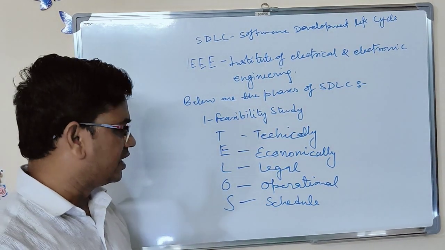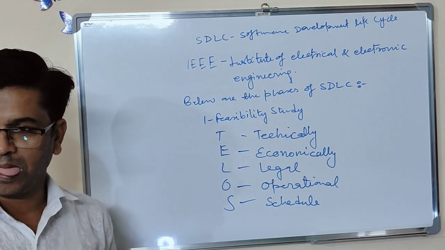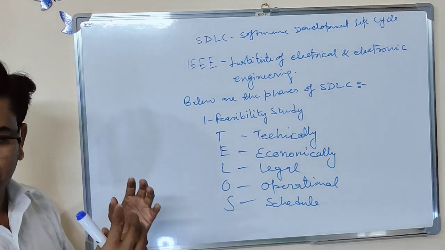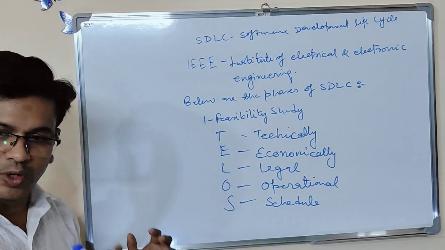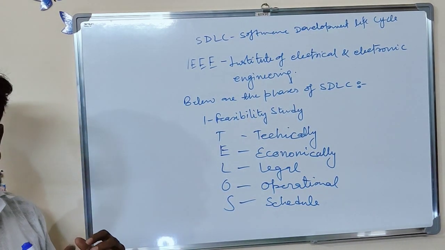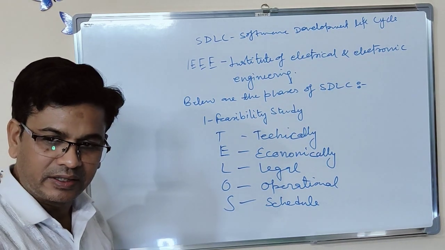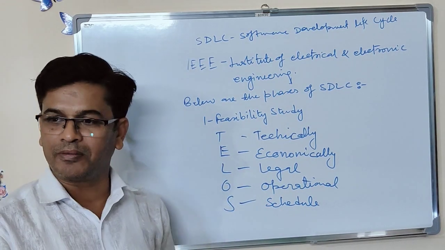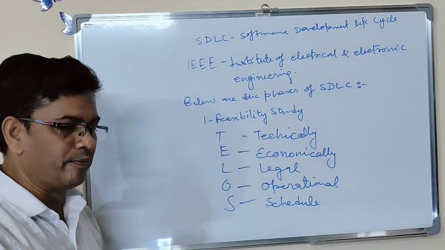Last is schedule. Schedule means time frame. The client has a time frame. So the BA team generally does analysis and a feasibility study to see whether we are able to complete this software within the defined time frame, because this is also very important.